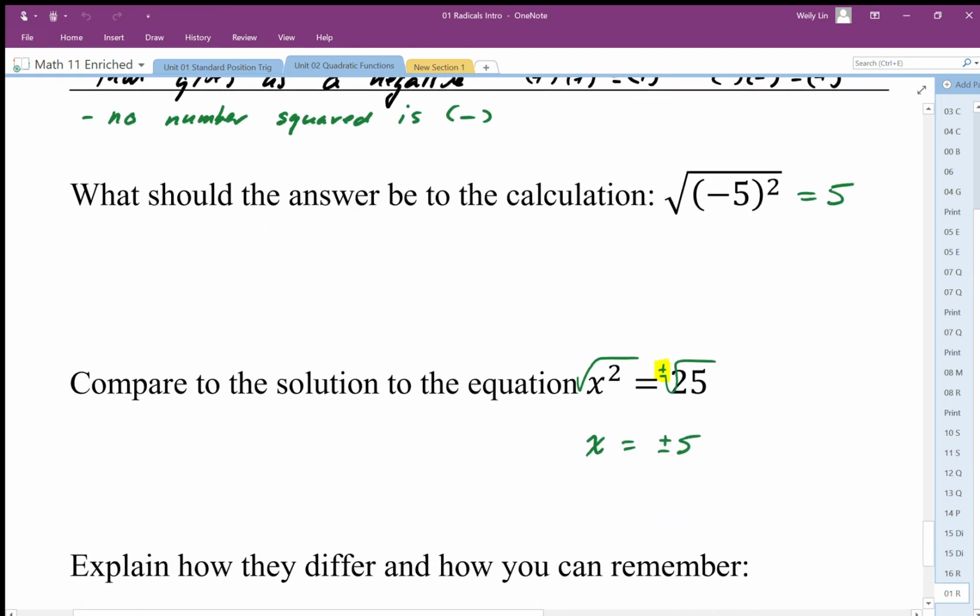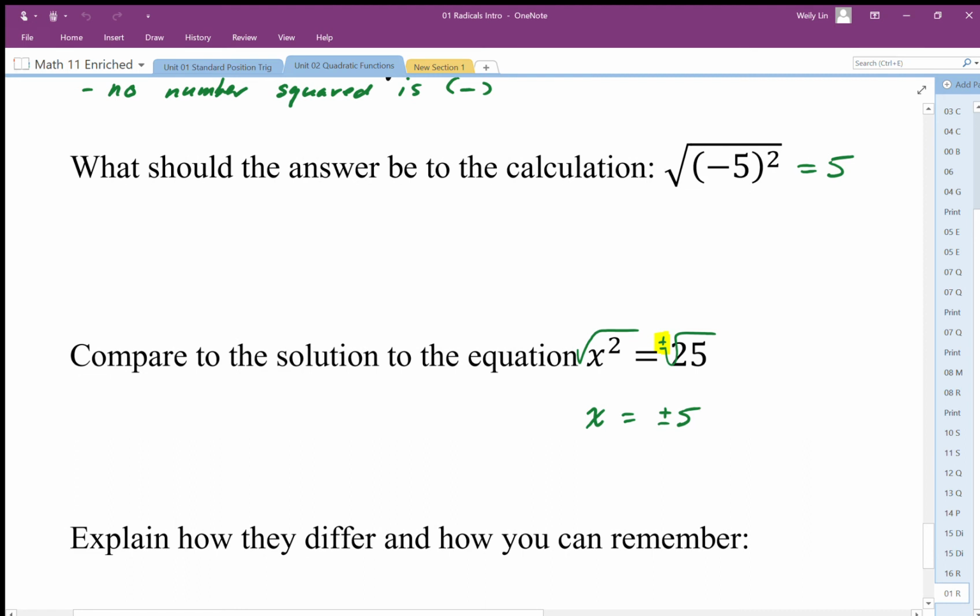This is why we have to be a little bit careful and understand that the square root and the square are not perfect opposites of each other. So how would you remember?